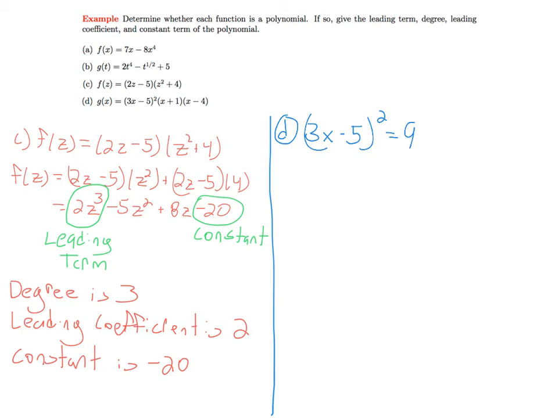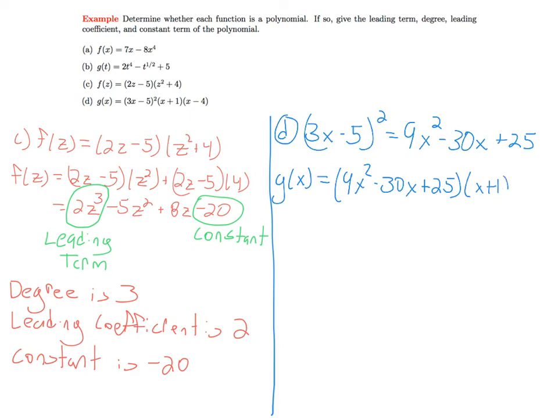Distributing this out, we would get 9x squared minus 30x plus 25, right? So now this function g of x is equal to 9x squared minus 30x plus 25 times x plus 1 times x minus 4.